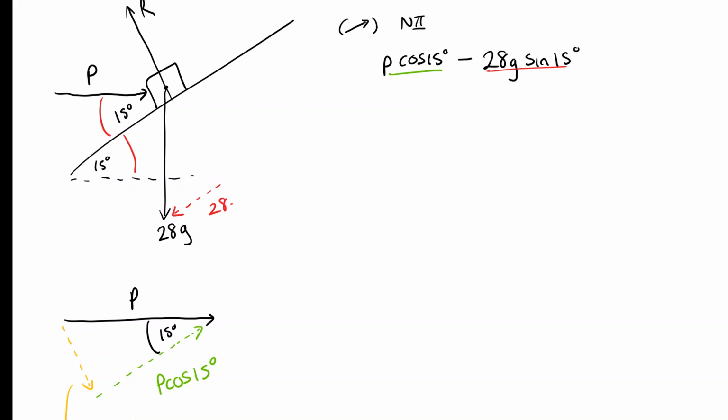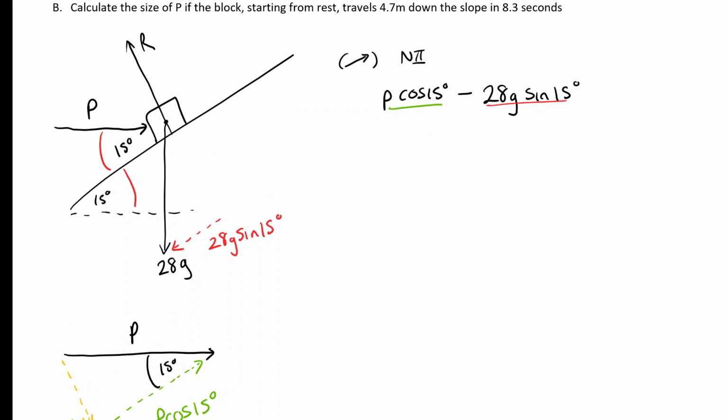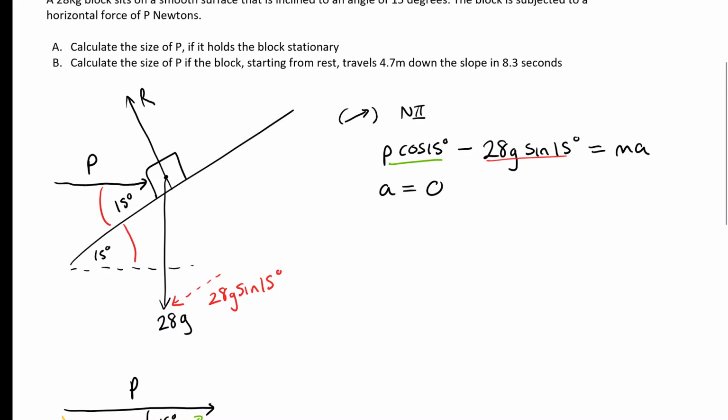That's the 28g sine 15 degrees. Together they are the only forces that act parallel to the slope, so they make the resultant, ma. The only thing that's unknown here is P, as a is known to be 0. It's at rest, it's stationary.